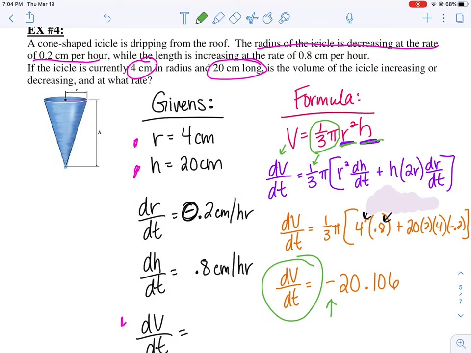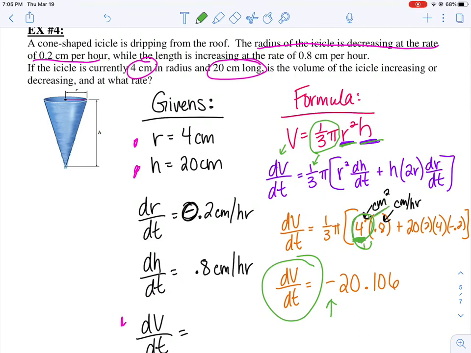The volume is going to decrease at a rate of 20.106. Ooh, we got to figure out what the units are, right? So again, when you're plugging in your values up above, it might be helpful for you to actually plug in the units too. When I plugged in this 4 for my radius, and then I squared it, my radius was 4 centimeters.